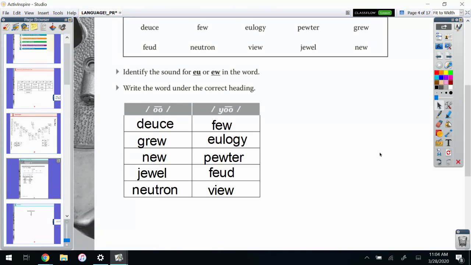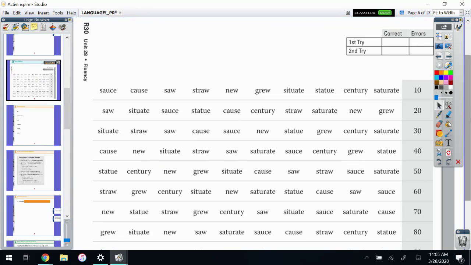Okay, let's check your work. In this column, we have deuce, grew, new, jewel, and neutron. And in this column, we have few, eulogy, pewter, feud, and view. If you made any mistakes, correct them now. The next thing I'd like you to do is to look at page R30 in your interactive text.